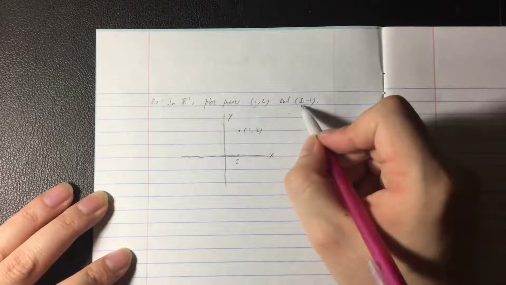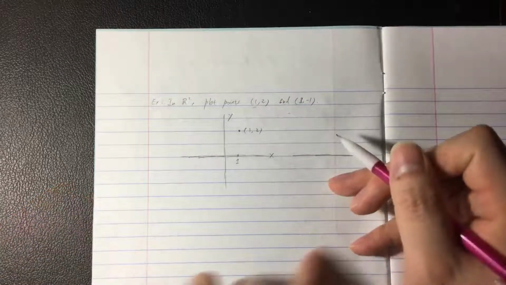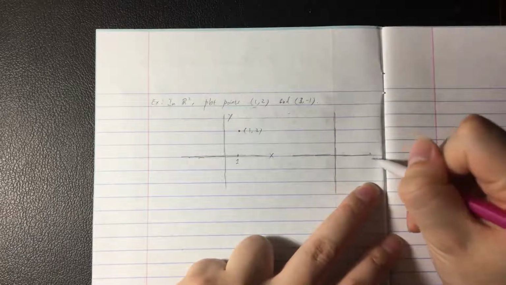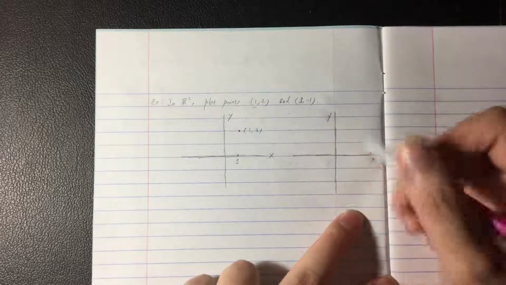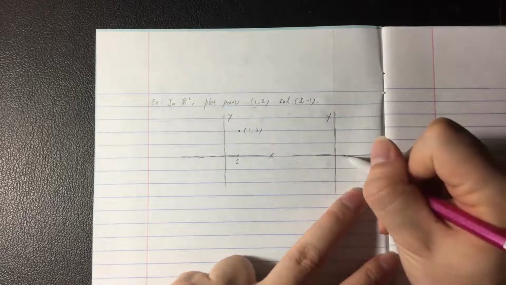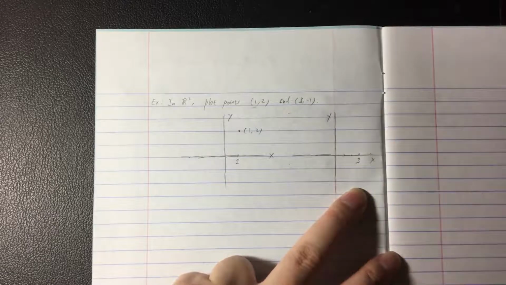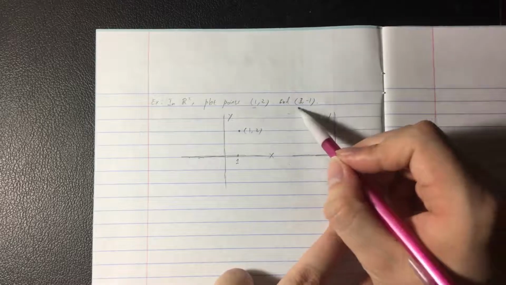The second point is (3, -1). The x coordinate is 3. We first count 3 units from the origin on the x-axis: 1, 2, 3. Then the y coordinate is -1.